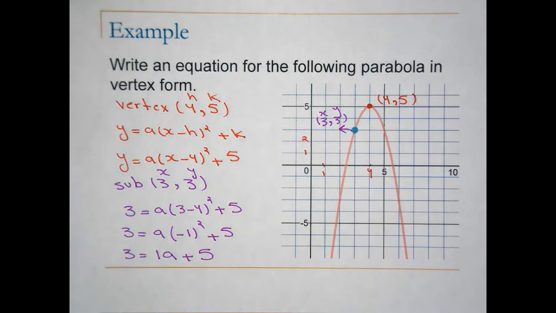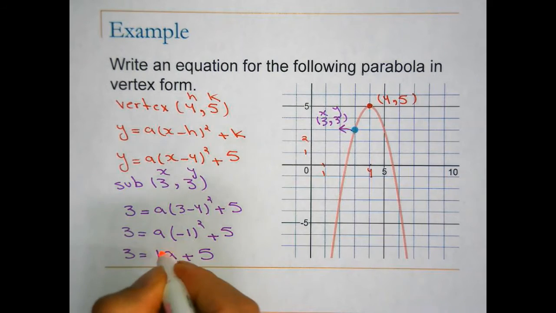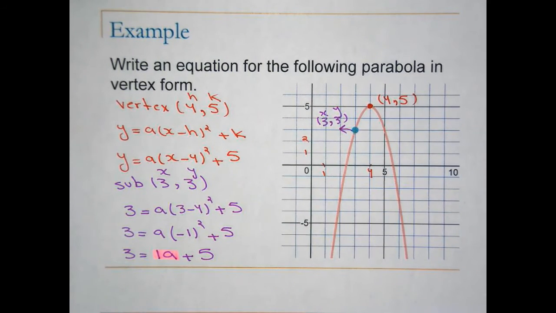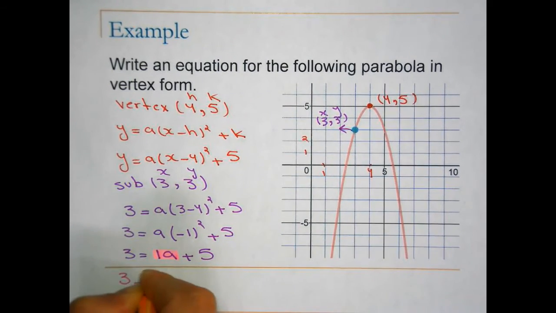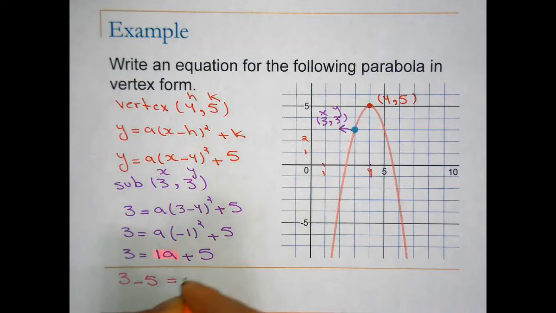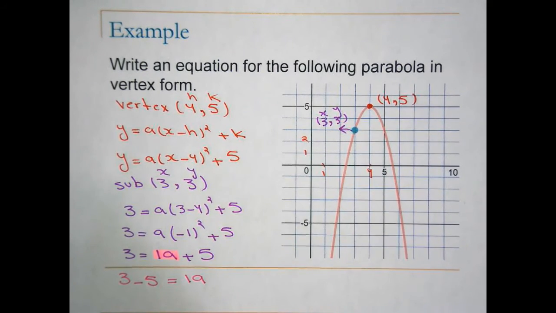Now you want to isolate the 1a first. So 5 goes to the other side. So you subtract it, equals 1a. 3 minus 5 is negative 2 equals 1a.